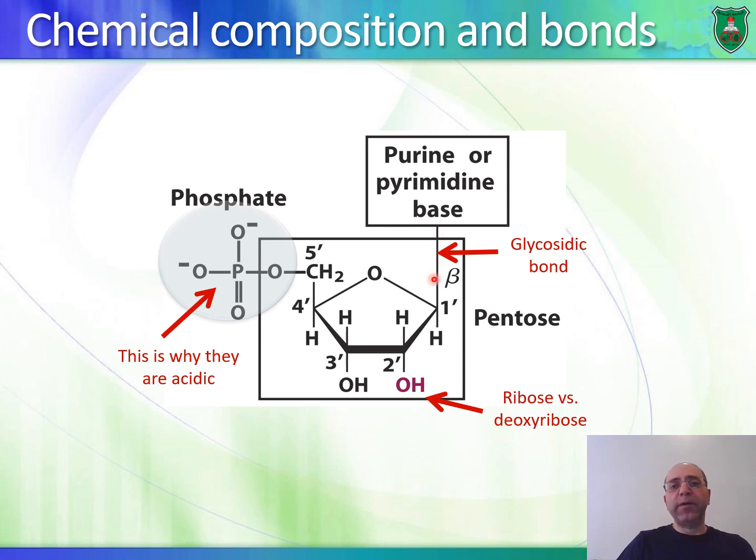Now this is biochemistry right here. The association, the bond between carbon number 1 in the sugar and the group in the nitrogenous base is known as a glycosidic bond.